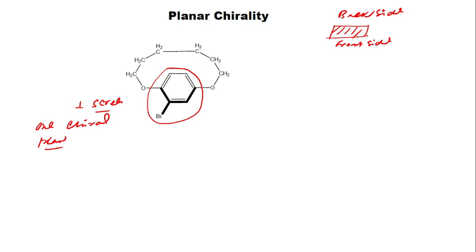If it is chiral, then what is its stereochemical description? It is R or S. To find that out, we have to find one atom that is called the pilot atom. So what is the pilot atom?